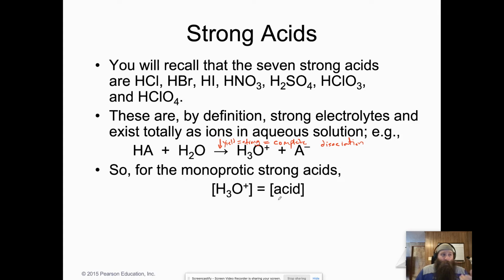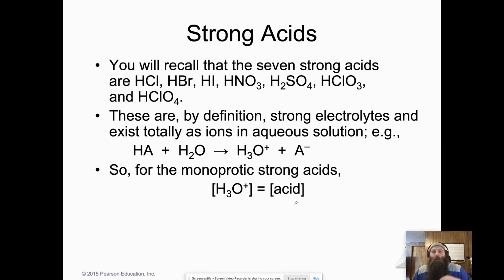Now, on the other hand, if you see a weak acid, like let's say CH₃COOH plus H₂O, it's going to be at equilibrium with H₃O plus, and then our acetate ion. So if you see this, think weak. If you see the straight arrow, think strong.